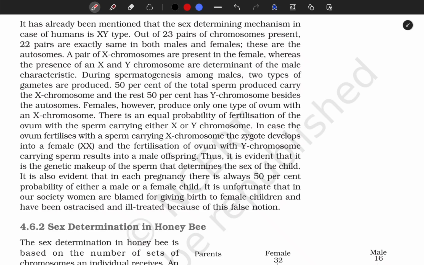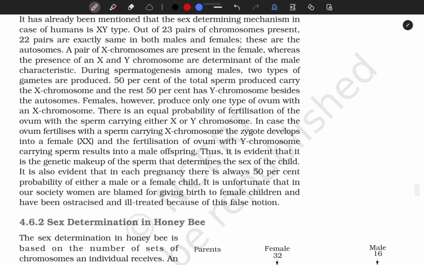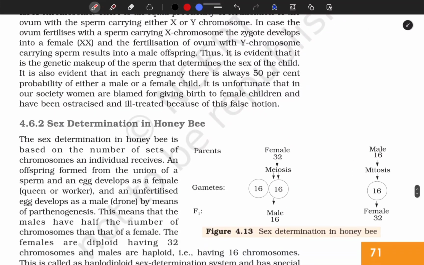There is an equal probability of fertilization of the ovum with the sperm carrying either the X or Y chromosome. In case the ovum fertilizes with a sperm carrying an X chromosome, the zygote develops into a female, XX, and the fertilization of the ovum with a Y chromosome carrying sperm results in a male offspring. Thus, it is evident that it is the genetic makeup of the sperm that determines the sex of the child.